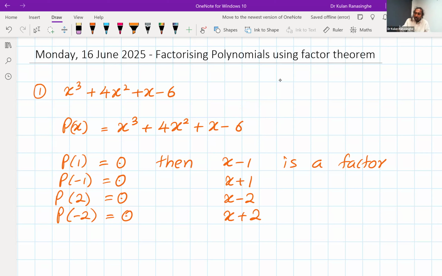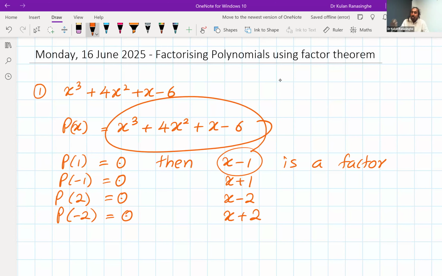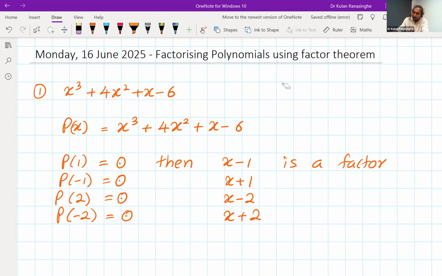So the plus 1s, plus 2s are not going to work. Therefore, you have to try negatives. But when you have plus and minus, we don't know whether a positive value or a negative value would work to make a 0. So we give it a try. And once you know one factor, then you can use that factor to divide this to find the next two. That's the plan.